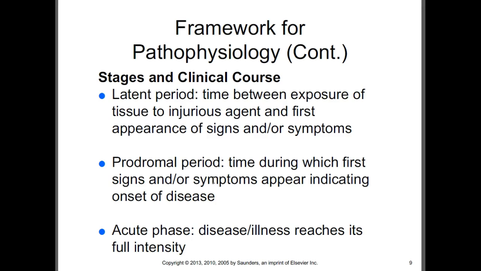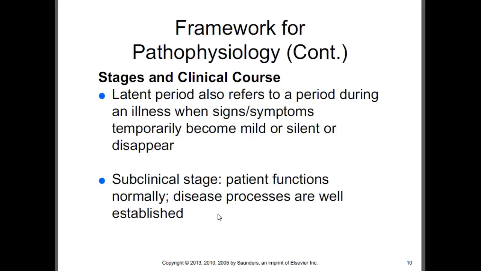You're going to see some very violent symptoms. It can also be completely no signs, no symptoms. Then the latent period can also be when the signs and symptoms become mild or silent. Or subclinical is when the patient is functioning normally, but the disease processes are in there and very well established.